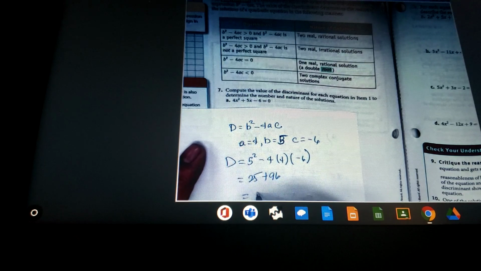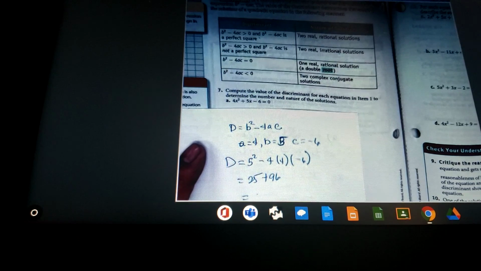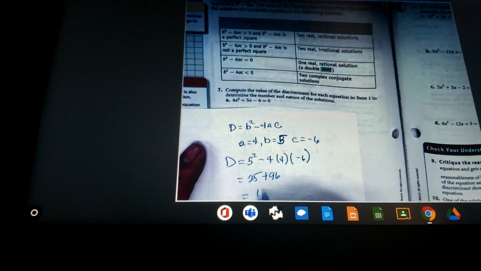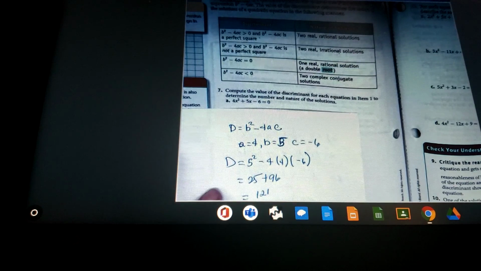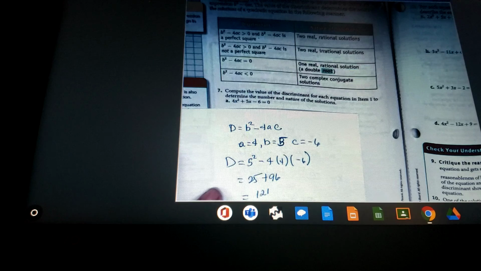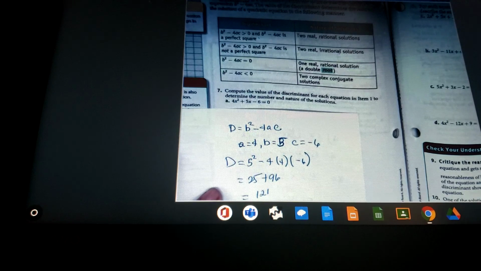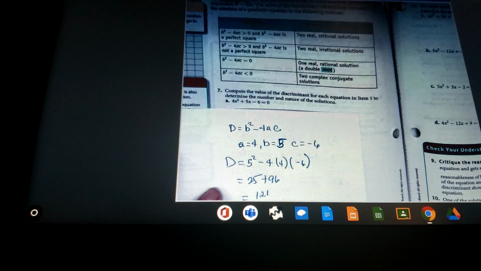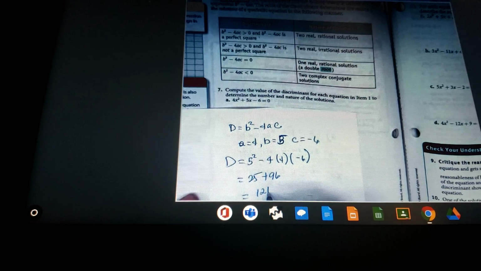So 25 plus 96, 121. Okay. So the discriminant is 121.